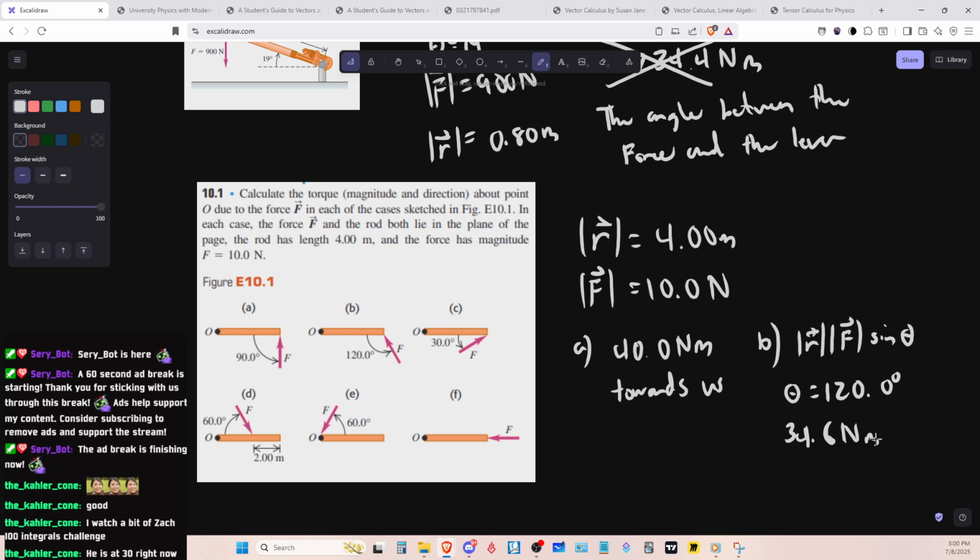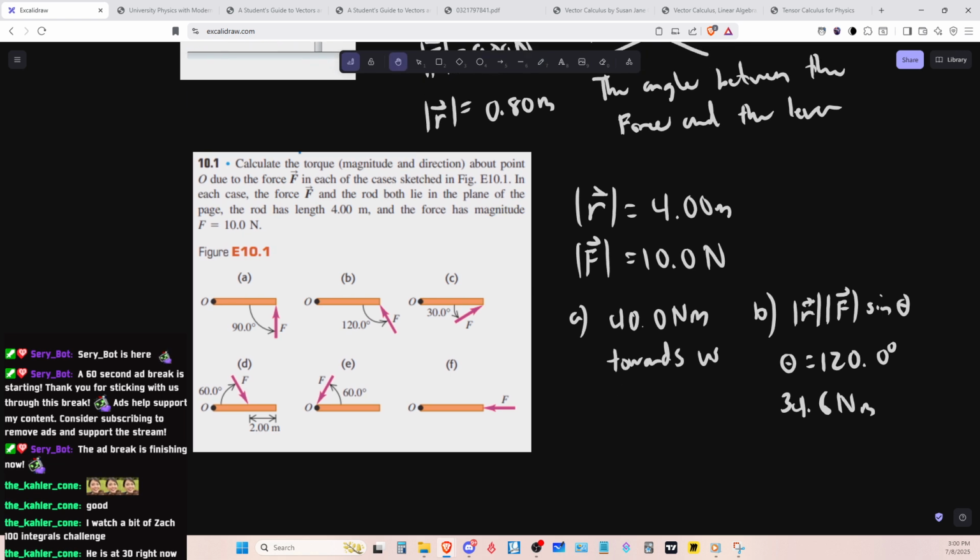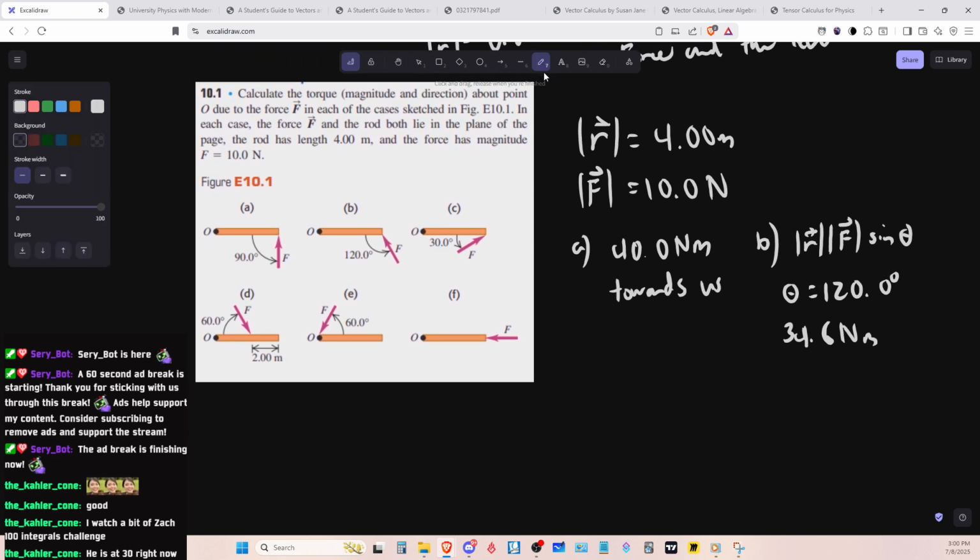The O point is still pointing towards us because it's going towards the left, the angle, I should say. Okay. Let's bring this up here.